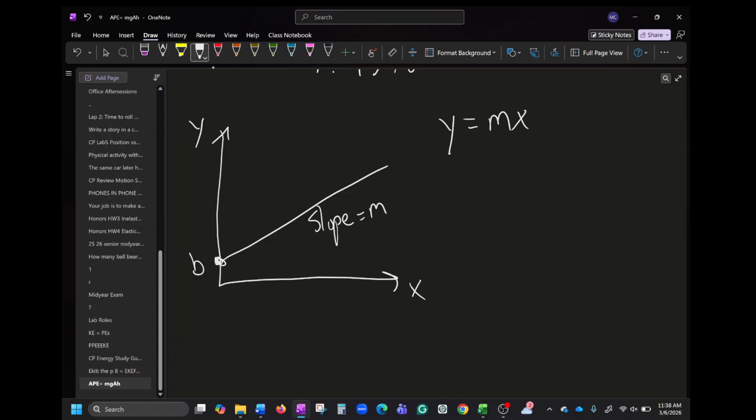The standard slope-intercept form is y equals mx plus b. So the power of using a graph in science in general is that the slope of a line is a very easily calculated number. It is not hard at all to calculate the slope of a line.